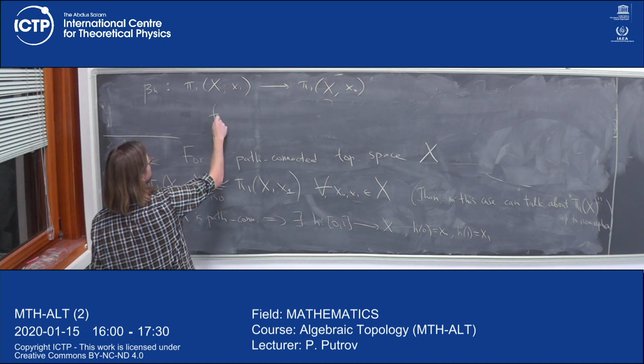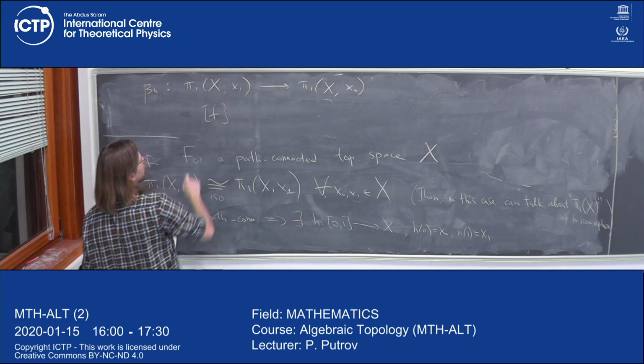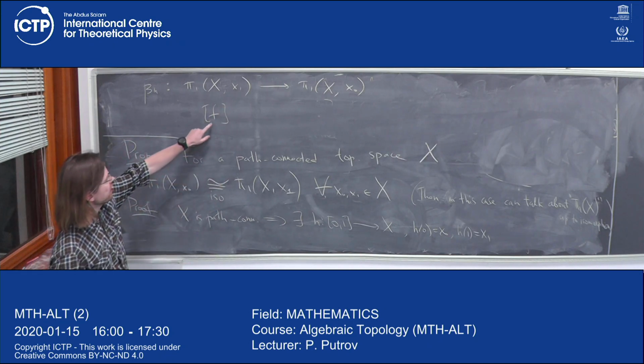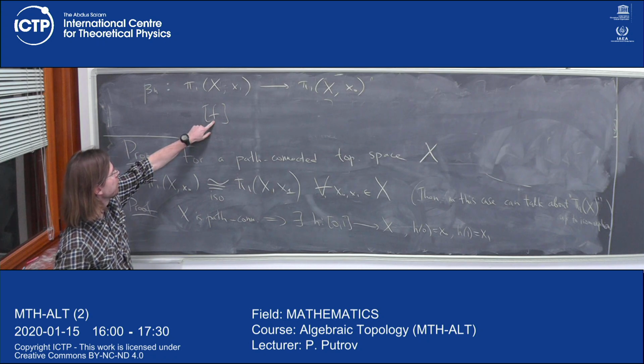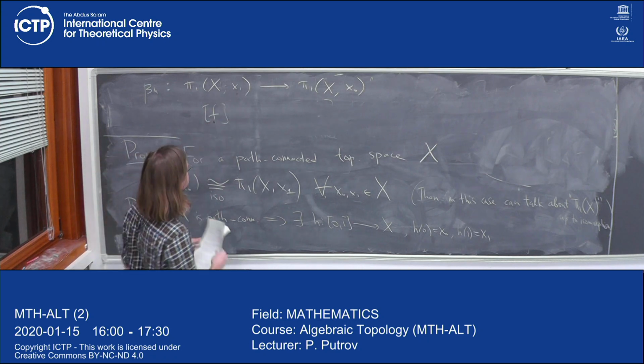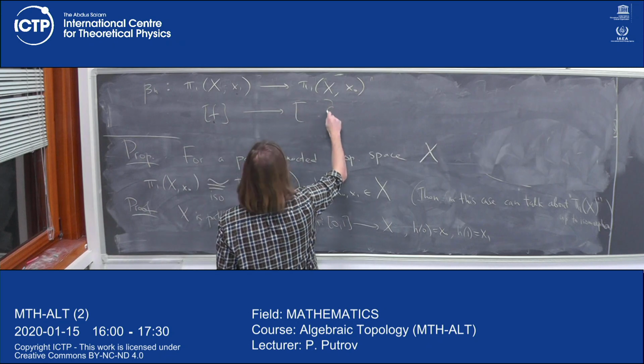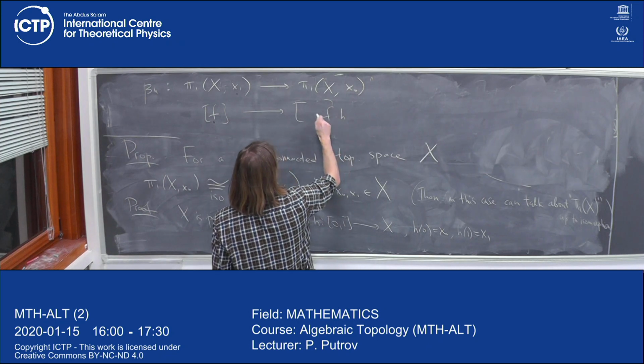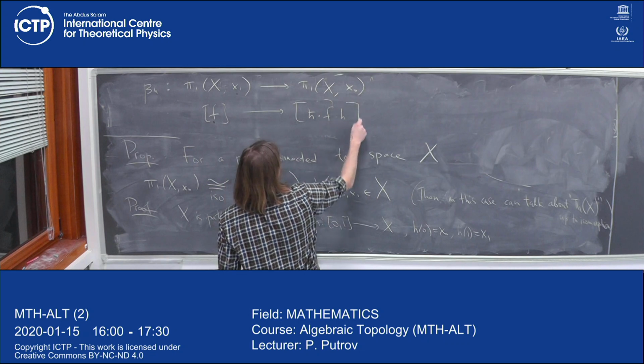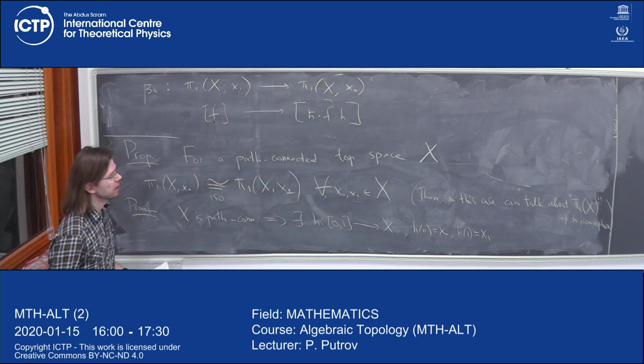So if I take some element here represented by a loop f starting and ending at x1, it is mapped to the following composition of classes.